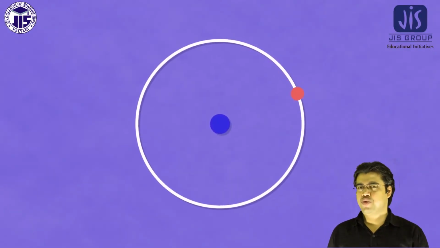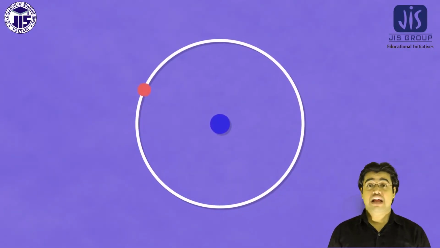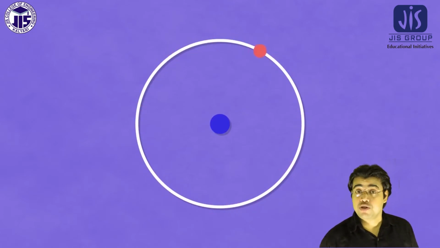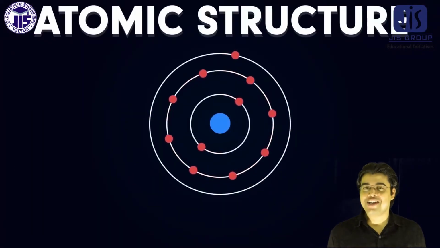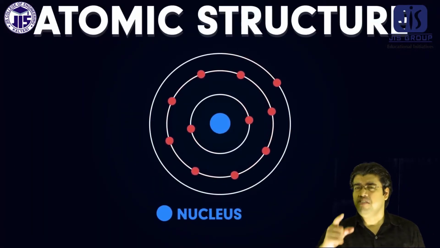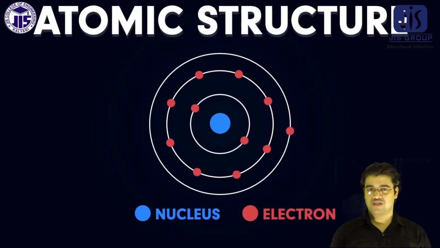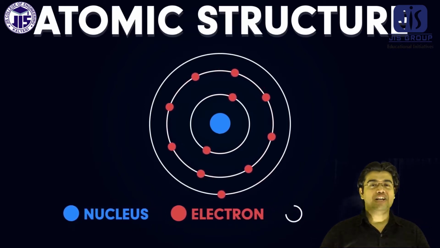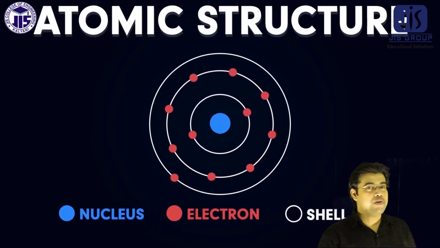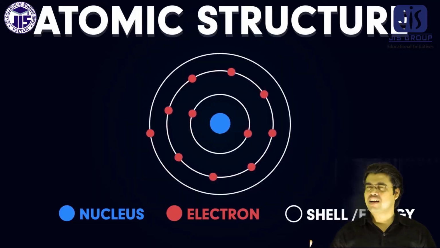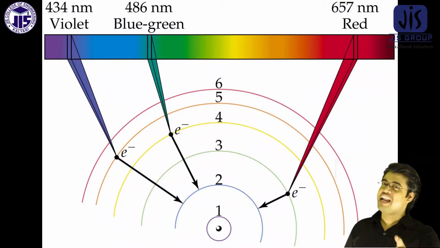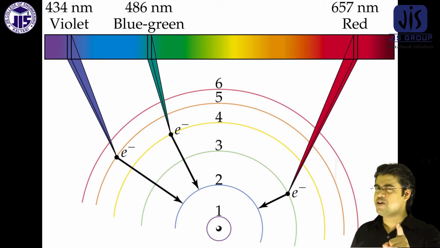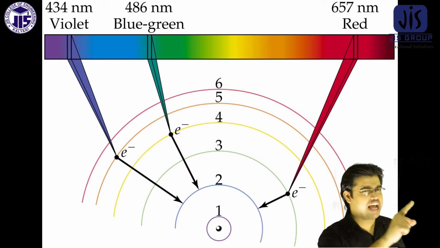So the atomic spectrum is obviously a line spectrum. Why is it not a continuous spectrum? A continuous spectrum is generated when light or energy is continuously emitted from the source. Here the source is the atom. Now according to Bohr's model, electrons do not emit energy continuously. When an electron is restricted in a particular orbit, it neither emits nor absorbs energy.